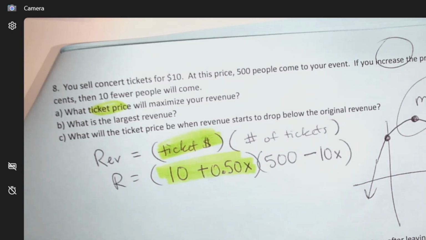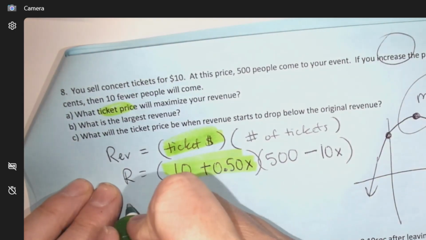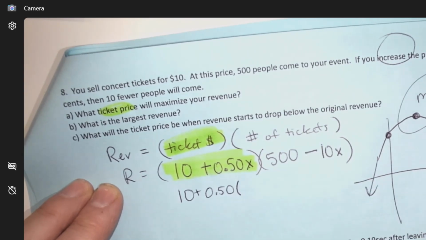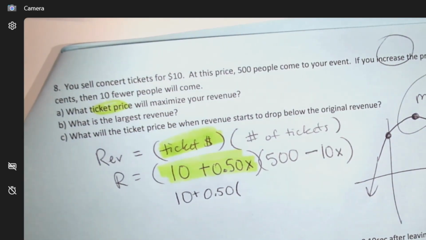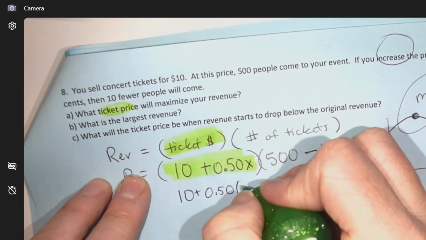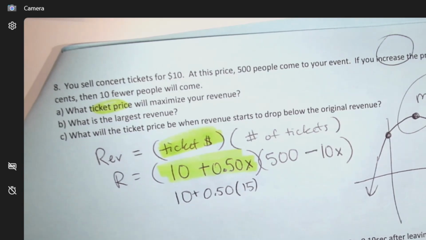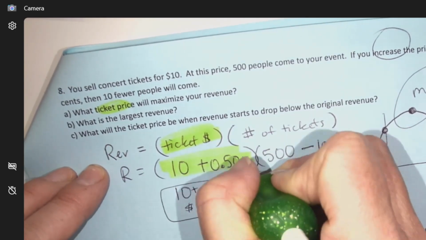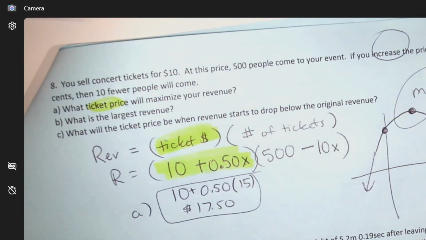So my ticket price is this portion. So I'm going to go 10 plus 0.5 x is right here now. I have a value for x. I want to use 15. So each ticket is going to be $17.50.